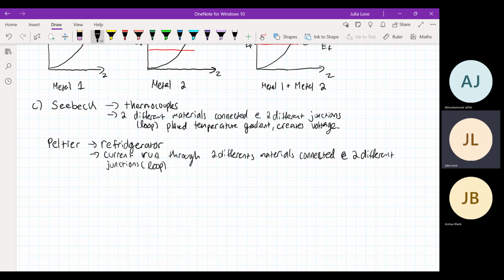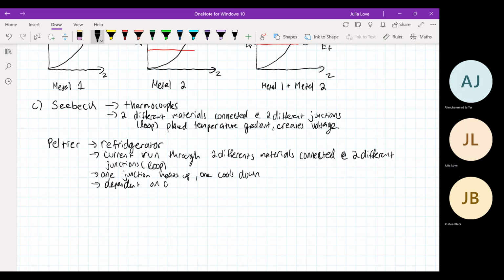And then one of these junctions will heat up and one cools down. Which one heats and which one cools is dependent on the direction of the current, so you can change it as well.